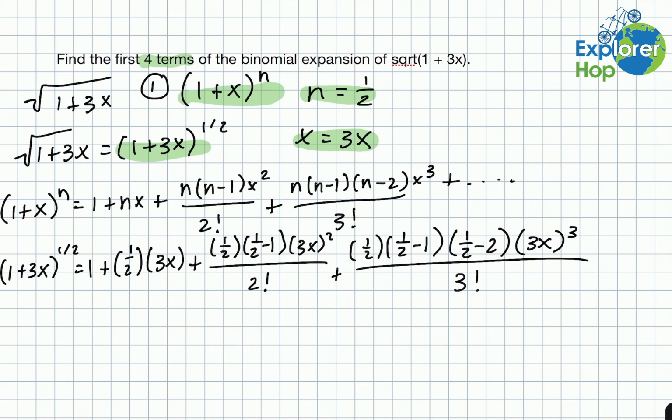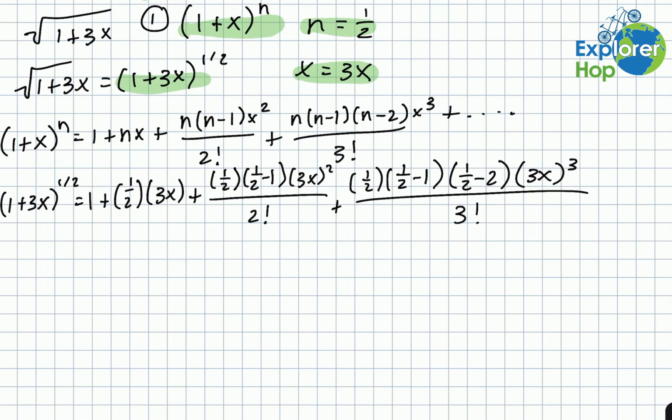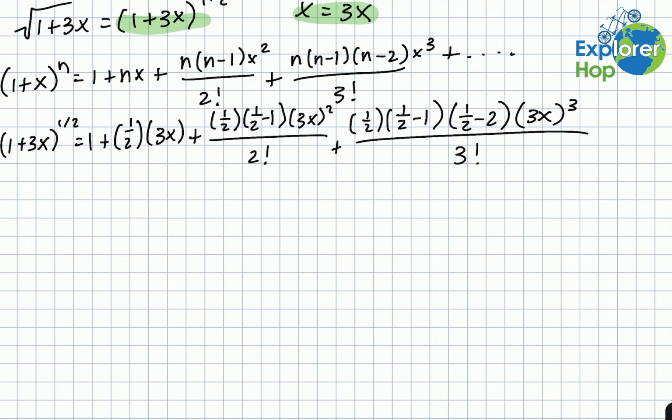And the first step in simplifying this is to get rid of the dividing by factorial business, and to do that we can just multiply by the reciprocal of 2 factorial and 3 factorial.